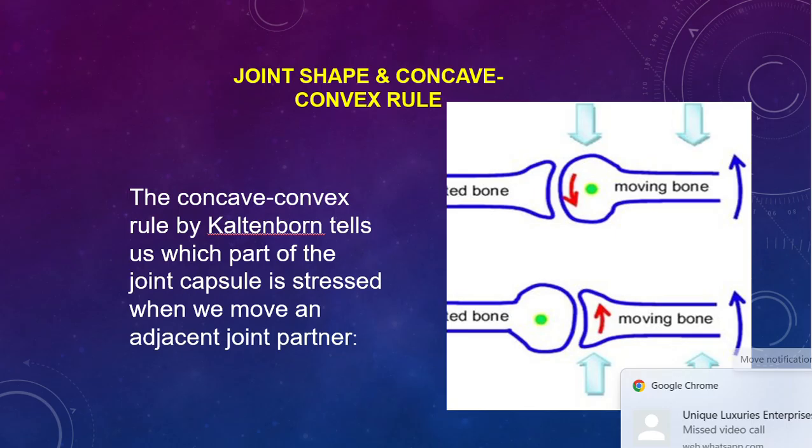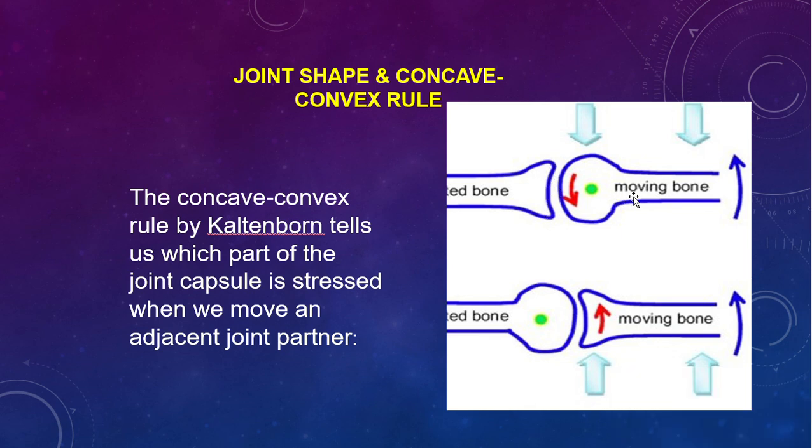Now, if you look at the diagram that I projected, you see there are two joints. Look at the joint above. There is a bone on the left hand side, which is concave, and another bone on the right hand side, which is convex. We talk about moving bone and stable surface.